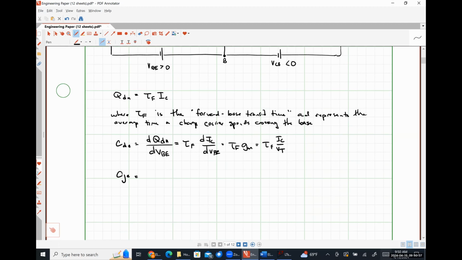So we should have CJE is equal to CJE naught, our unbiased junction capacitance, over 1 plus VEB over V naught E. So that V naught E is the built-in voltage for that junction, to the mth power, depending on the grading coefficient, whether it's a step junction or a linearly graded junction.